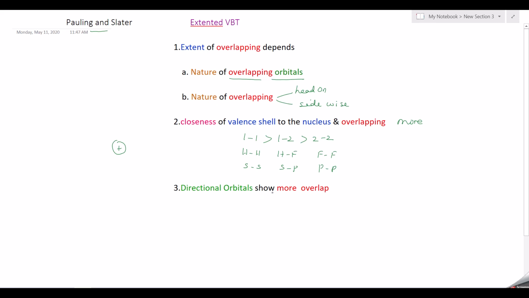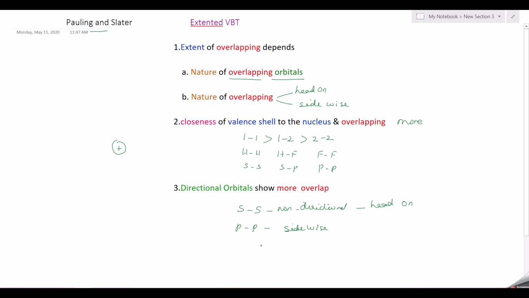Third one: the directional orbitals show more overlapping. For example, take s orbitals. They are non-directional, so only head-on overlapping is possible. But pp orbitals are directional in nature, so along with head-on overlapping they will undergo sideways overlapping.